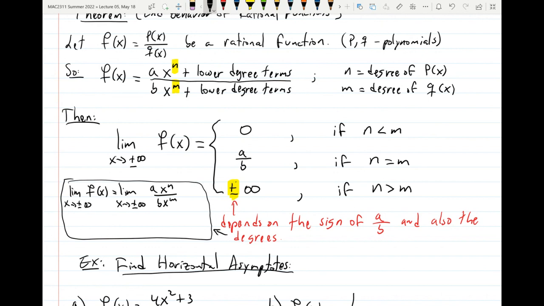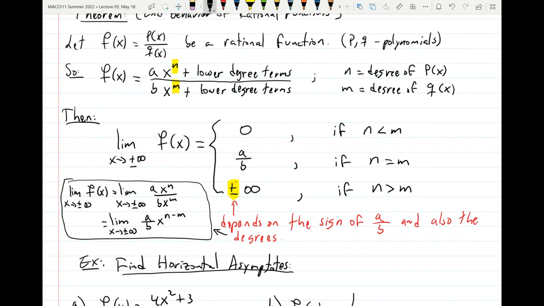Now, because the degree of the top is bigger than the bottom, we are in the last situation, which means you can simplify this and there will be x's left over in the top. So this is the same as this power function, a over b times x to the n minus m, okay? Because n is bigger, n minus m is actually a positive number.